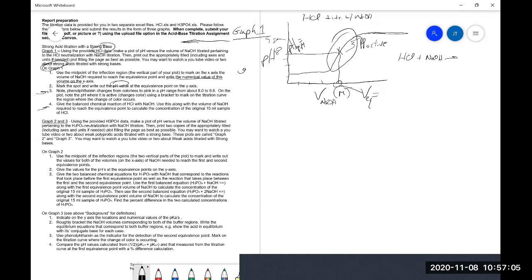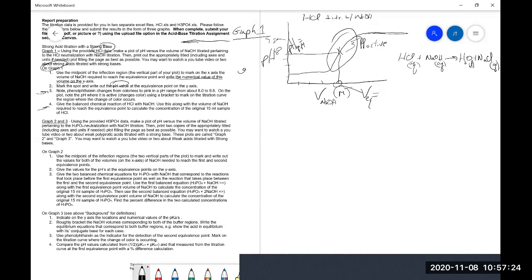NaOH neutralization to give me H2O and salt, NaCl. So that's aqueous, and that's liquid. This is aqueous and aqueous.